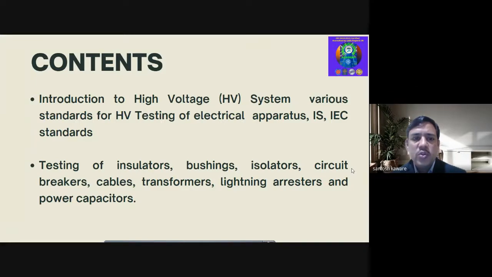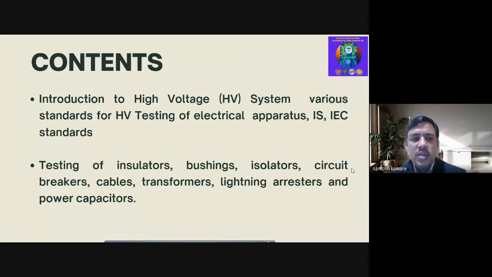Whenever you go through any IS or IEC, frankly speaking it may feel boring, because there are so many steps and discussions. But really it is how standardization is done, and we can learn a lot from this.